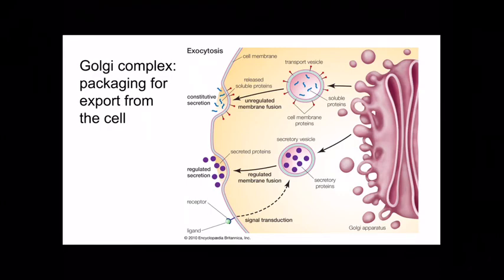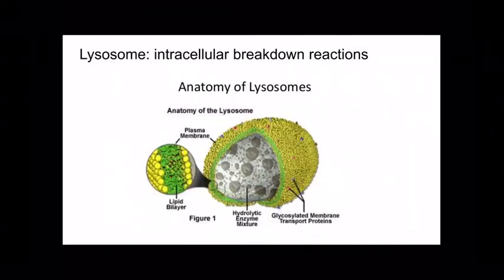So a white blood cell membrane is going to grab onto a bacteria that it wants to get rid of and bring it into the cell and form a vesicle around it like this, and then that vesicle will merge with the lysosome, and so then the contents of that vesicle are exposed to the contents of the lysosome.